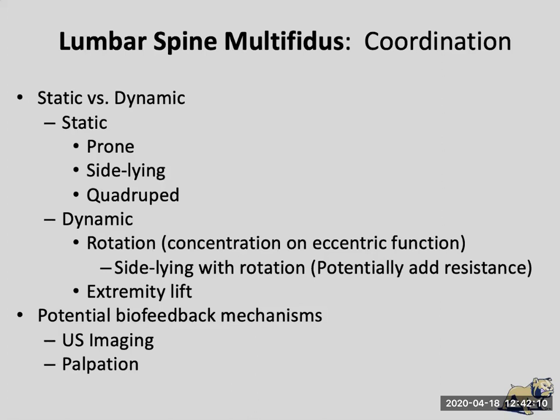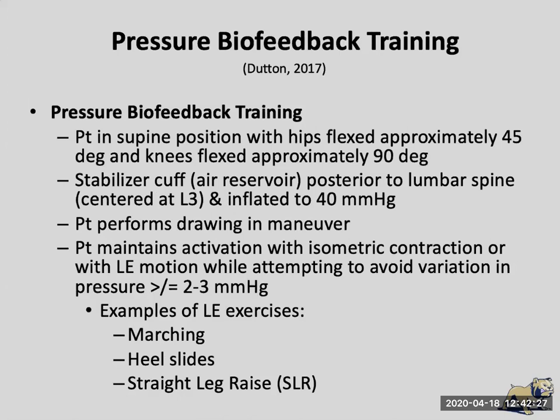So a prone Superman type position, and just lifting the arm, or including a weight to essentially provide resistance and help that activation even more so. Biofeedback training here, we'll talk about this in lab more so, but this with the stabilizer cuff underneath the small of the back, and essentially having the patient go through endurance training with this.